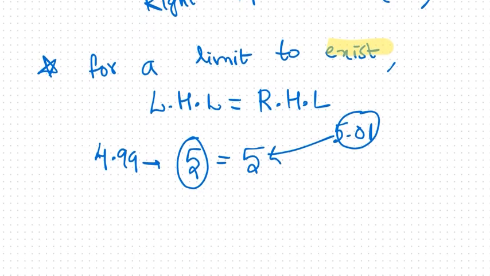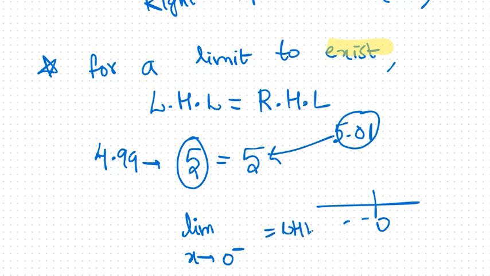Left hand limit means, let's say, we represent it like this: x tends to 0, but from the left side. So you would write minus. 0 minus means it goes to the left side. This is the LHL representation.